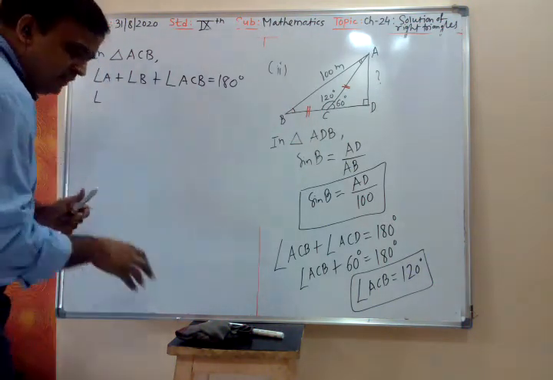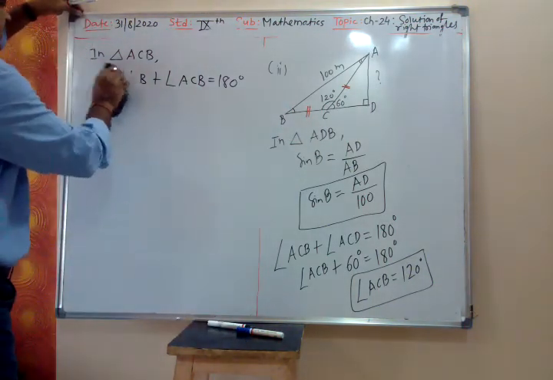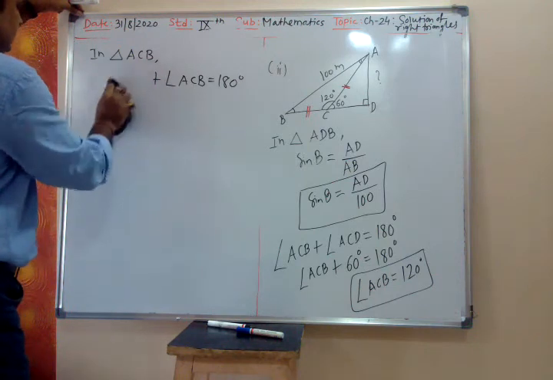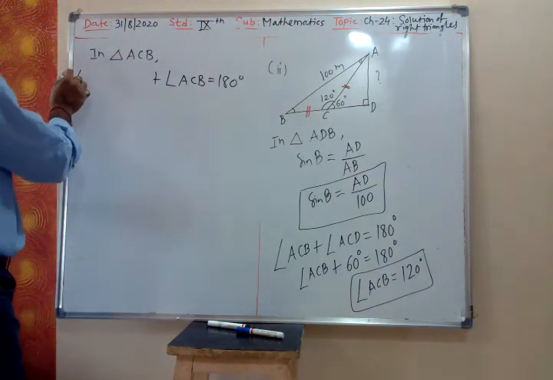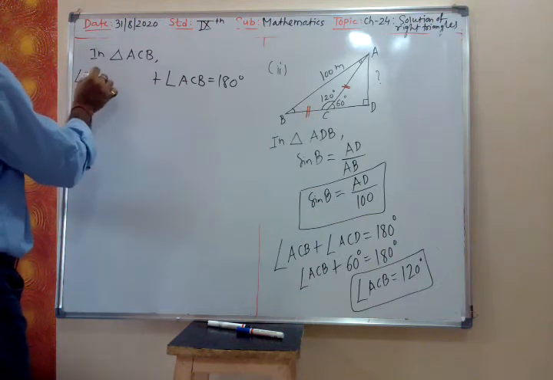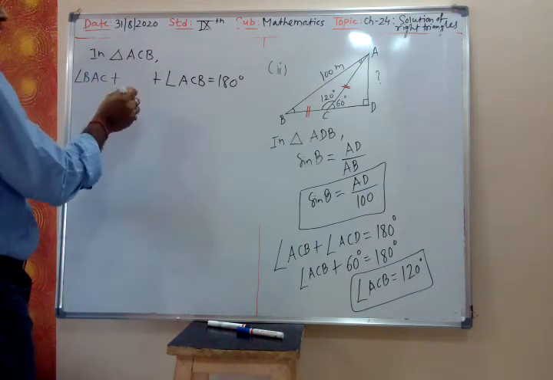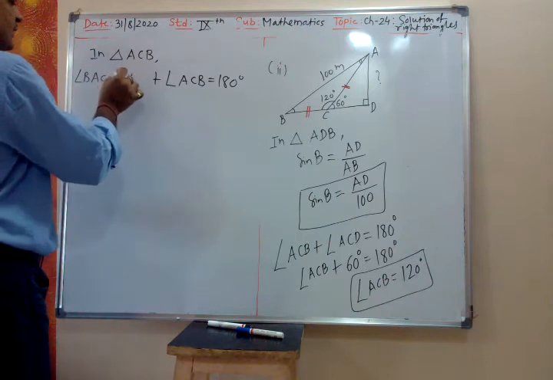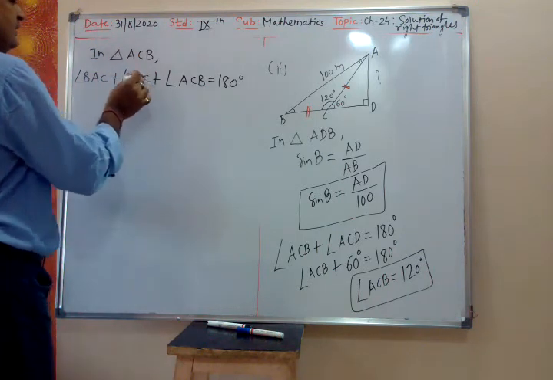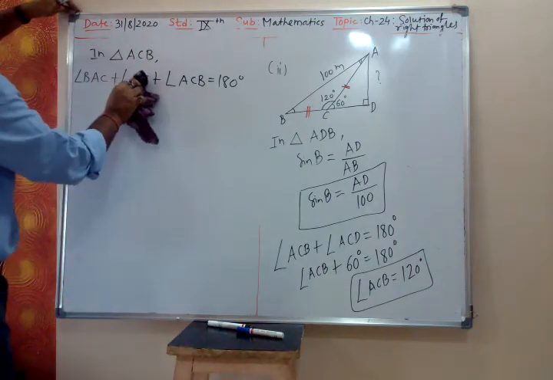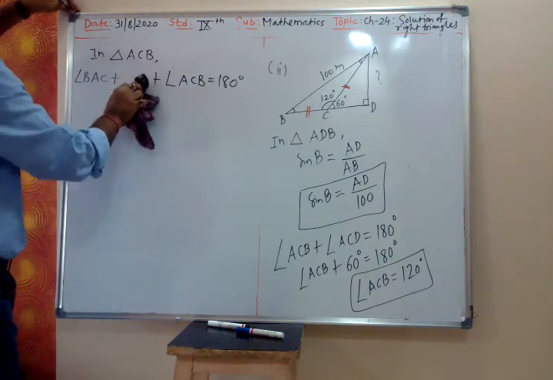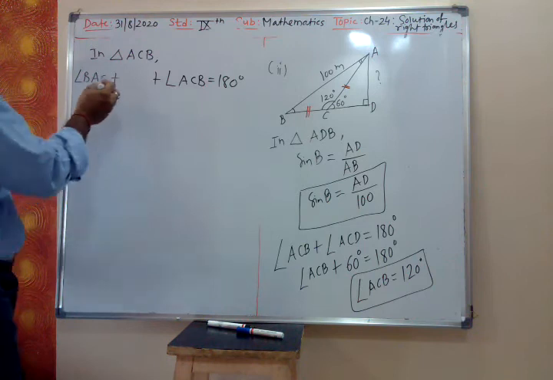Let me write all the three angles together: angle BAC plus angle ABC plus angle ACB, the sum of all the three angles of a triangle is 180 degree.